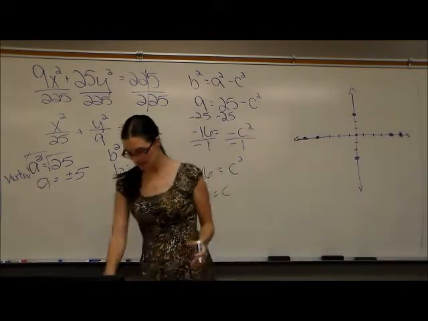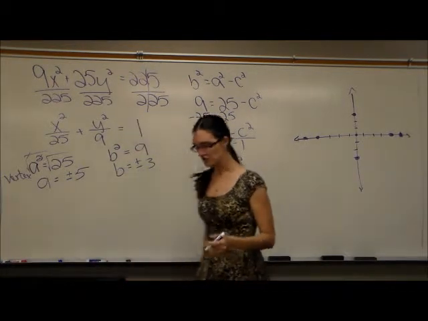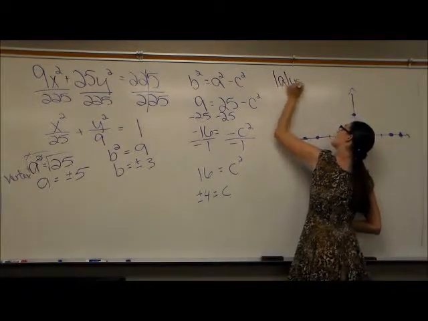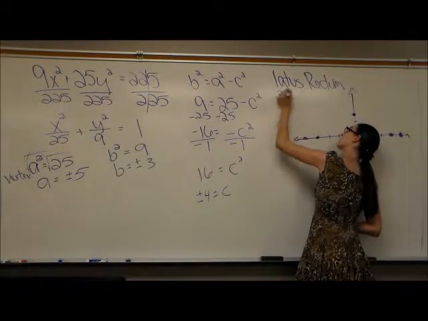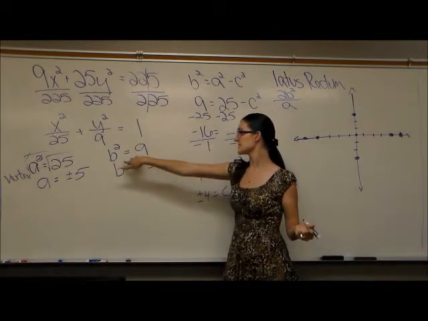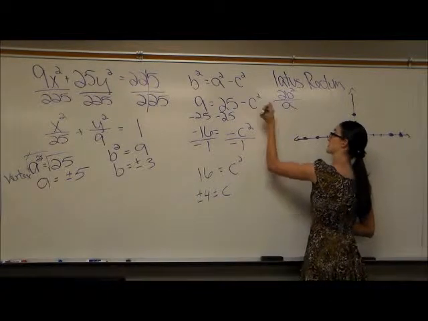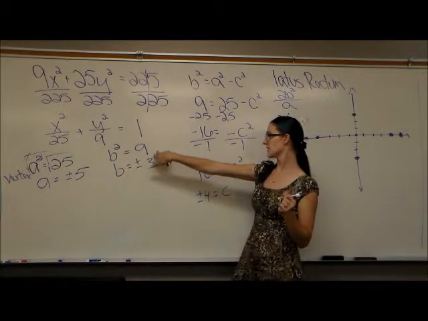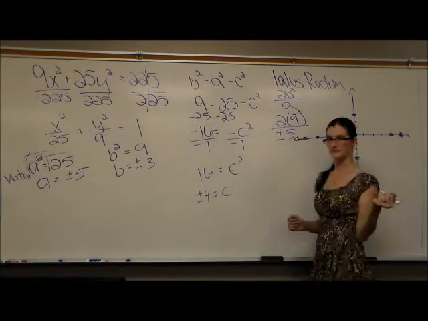Last thing we need to do is the latus rectum, which is given by a formula in the next paragraph, 2b squared over a. Which we already know that information. We have b squared is 9, a is plus or minus 5, right? We do 2 times 9 divided by plus or minus 5.